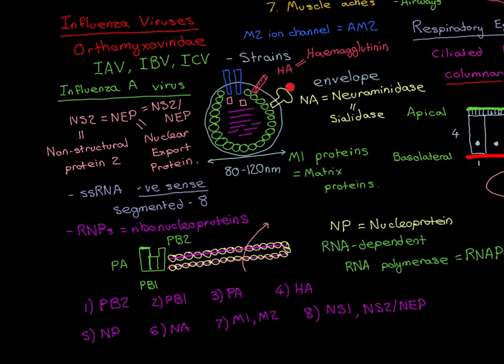We're also going to discuss neuraminidase structure in a bit more detail, and also the M2 ion channel. And then I'm going to talk to you about the H1N1, H5N1, H2N2, H3N2, all of that stuff, that classification of influenza A viruses.